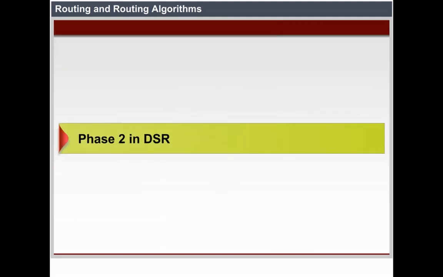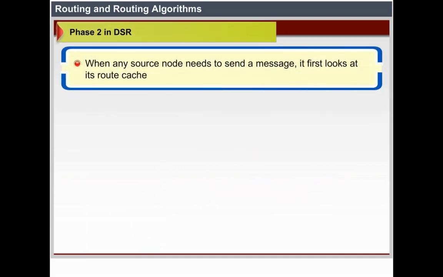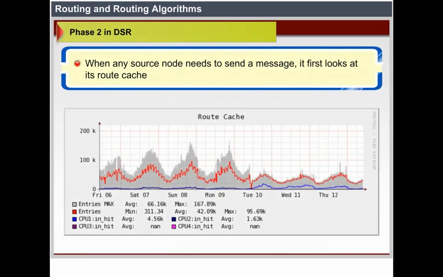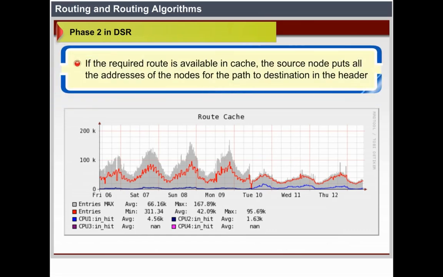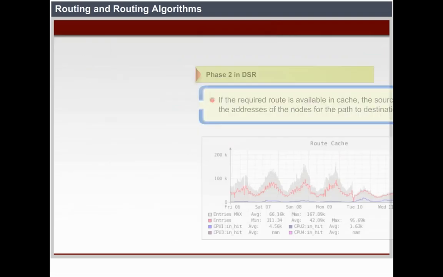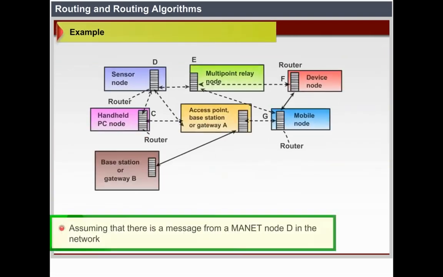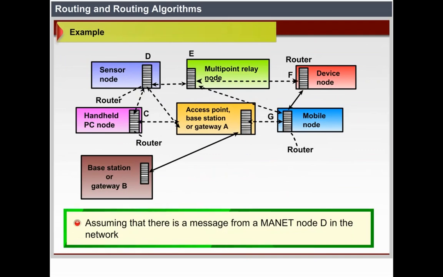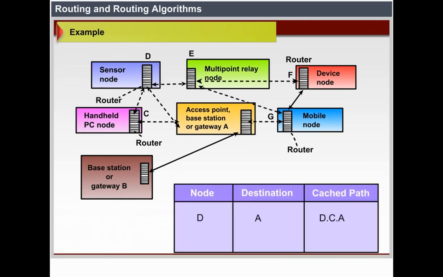Phase 2 in DSR. When any source node desires to send a message, it first looks at its route cache. If the required route is available in cache, the source node pulls all the addresses of the nodes for the path to destination in the header. Example: assuming that there is a message from a MANET node D in the network, node D, destination A, cached path DCA.